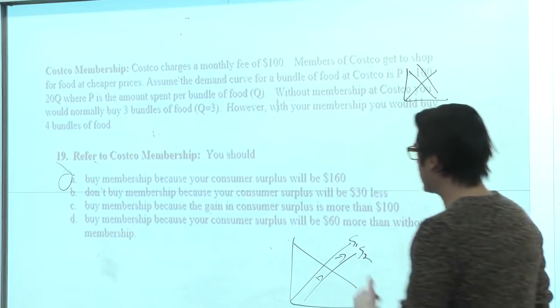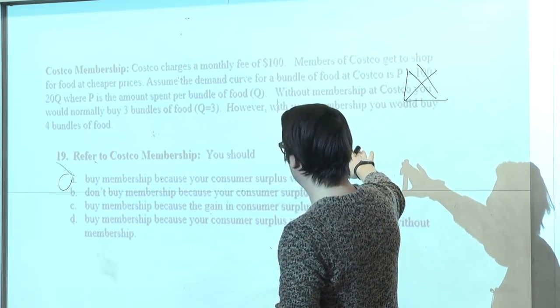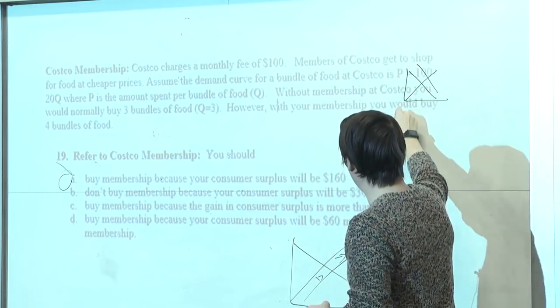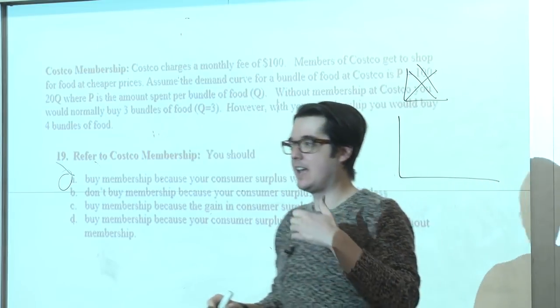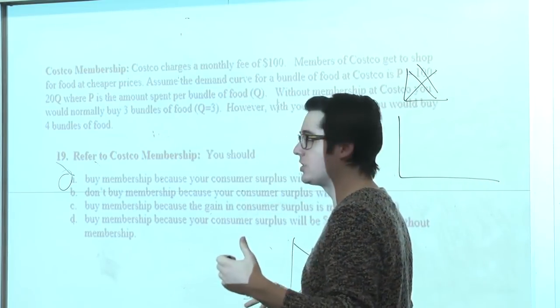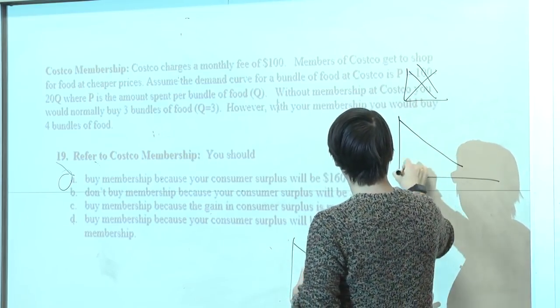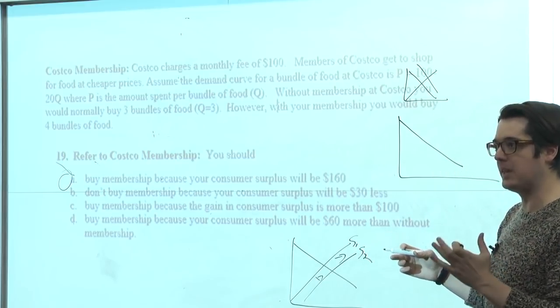Okay, so he has to go over 19 and 20 again. So the idea here is you're going to have the option of getting a Costco membership to get something at a lower price. Without the Costco membership, the price is such that you buy 3 things.